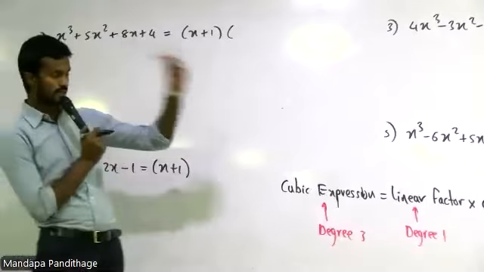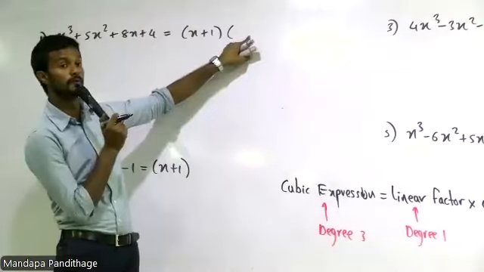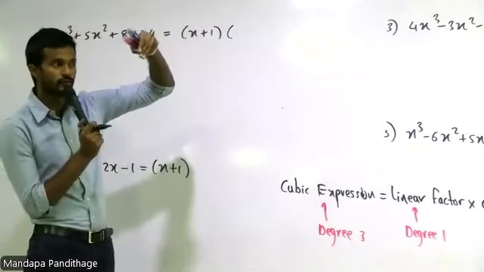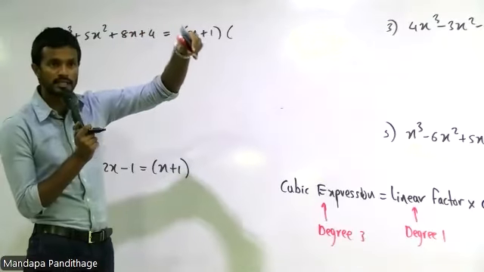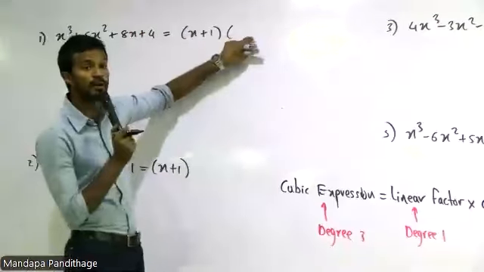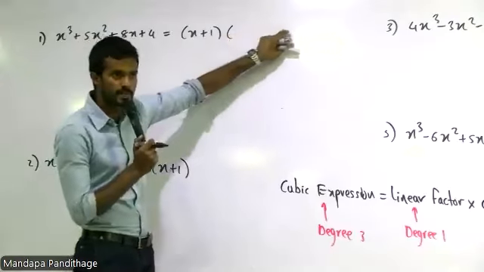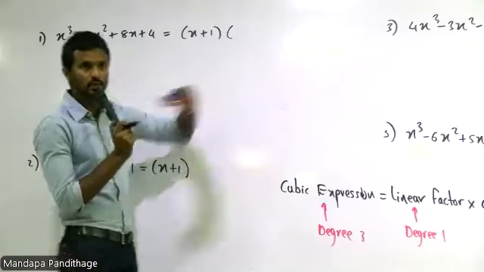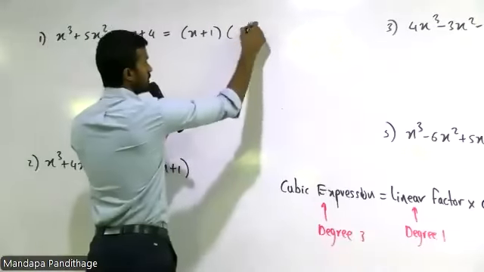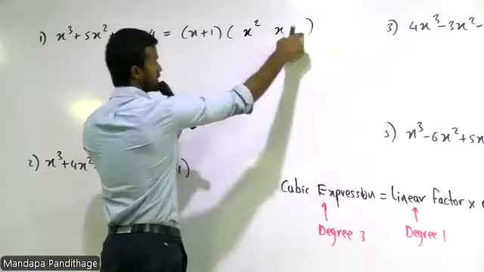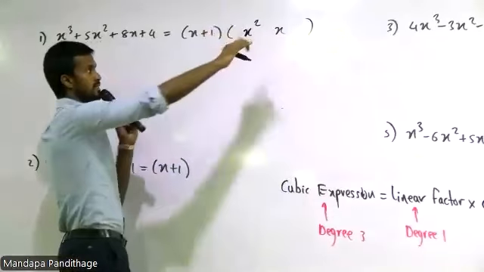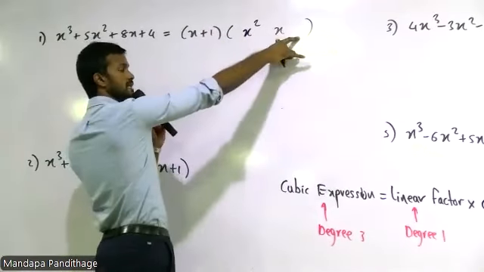So I know the degree of this factor is 2, which means it takes the format ax squared plus bx plus c. That is clear. I'm writing that it should be x squared, x and a constant, but I don't know the coefficients. ax squared plus bx plus c.